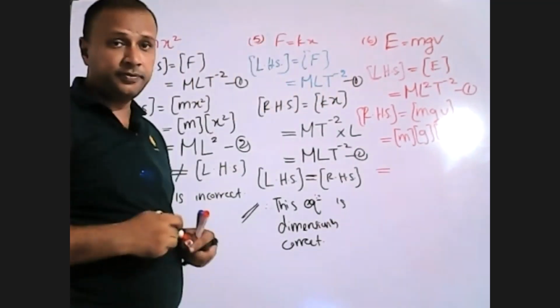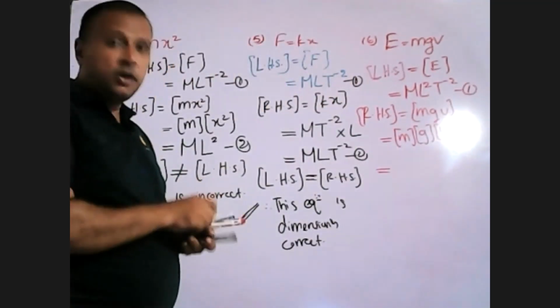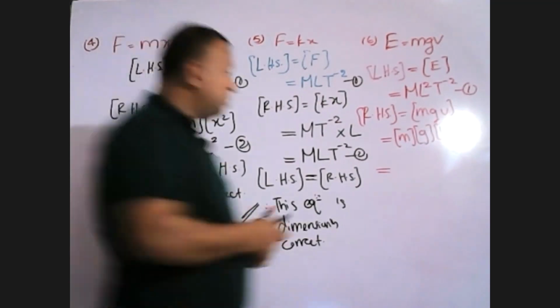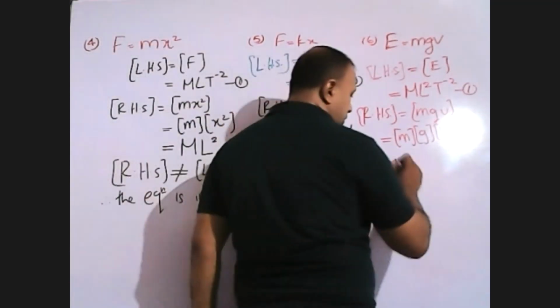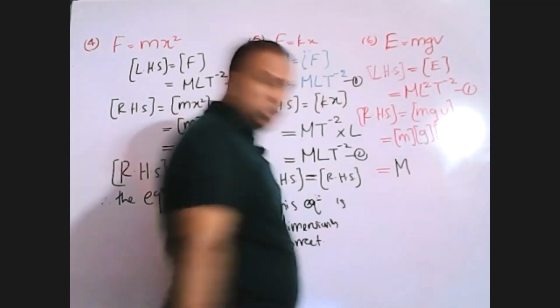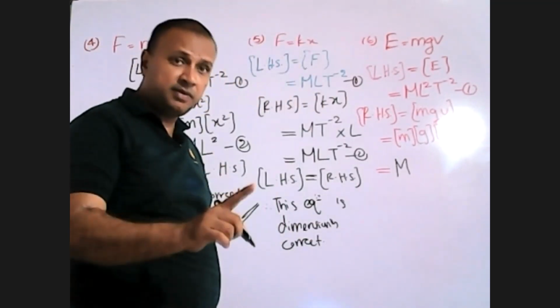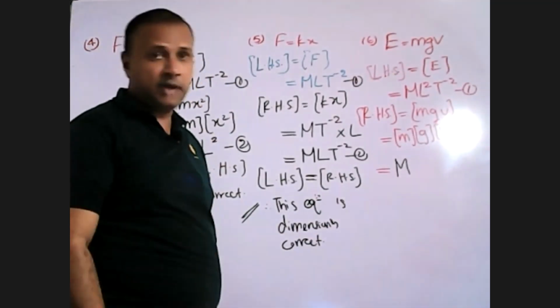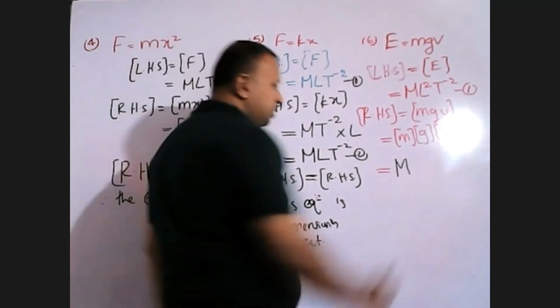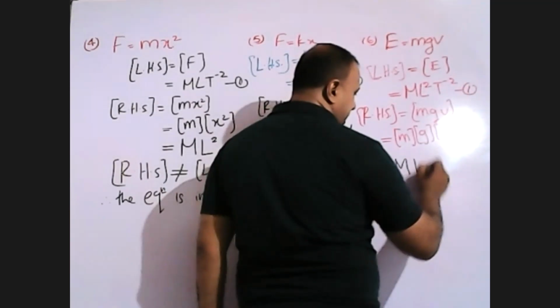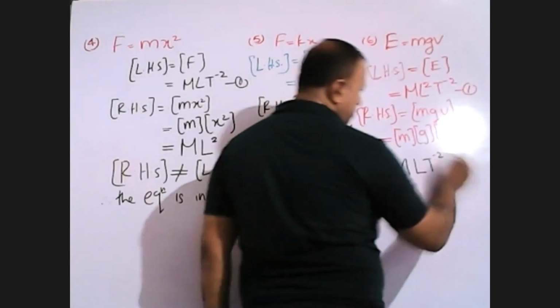Dimension of m. M is a mass, so dimension of m is M. And g is a gravitational acceleration, which means it is an acceleration, so the dimension is LT minus 2.